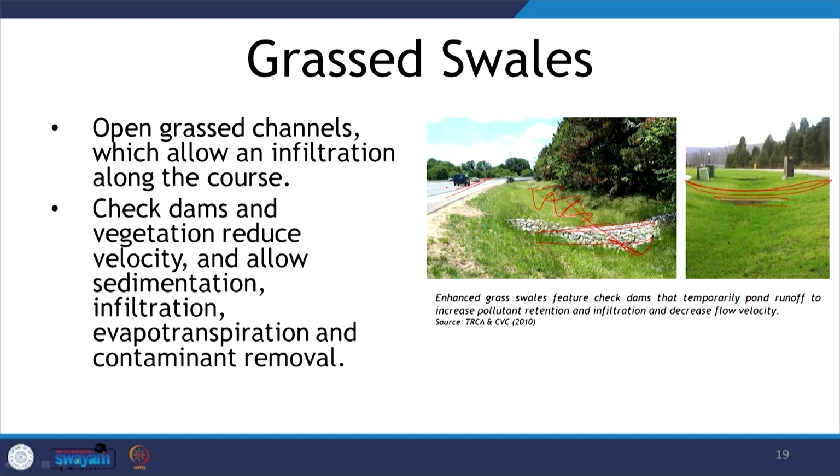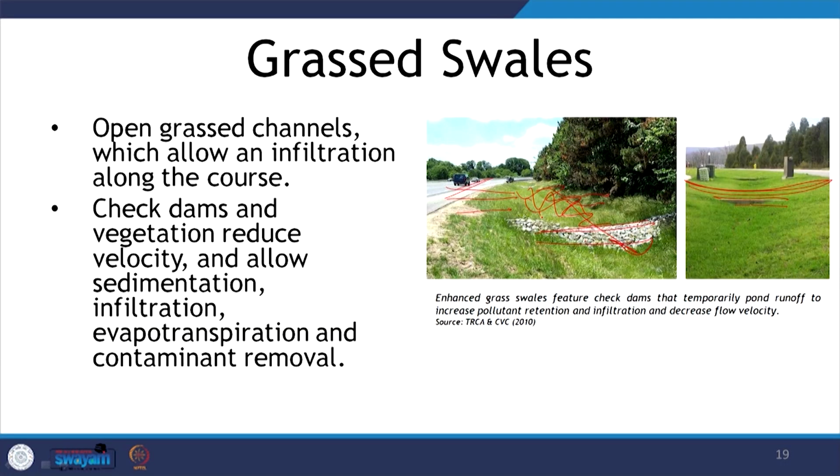When these are washed by the storm water, and if it is taken directly to the surface aquifer, the surface aquifer will be flooded with a lot of these pollutants. While if it is retained here, all these pollutants will be retained right here, and only the water will be allowed to percolate down to the ground.